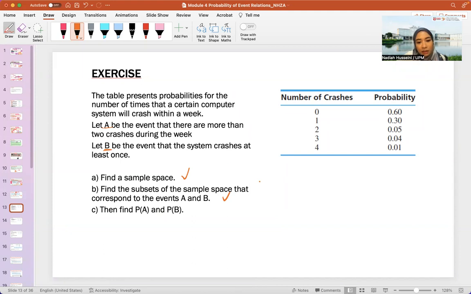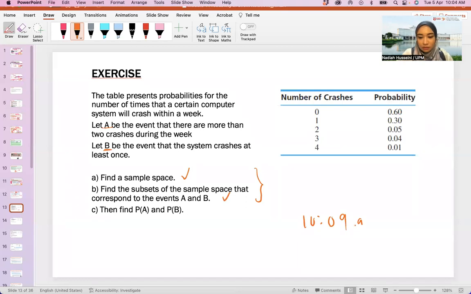If you can do C, then do it. I'm going to call out someone at random, so please do it. If you can't answer me, then maybe you're not paying attention. Okay, try it. 5 minutes from now. 10:09 p.m.? Yes.